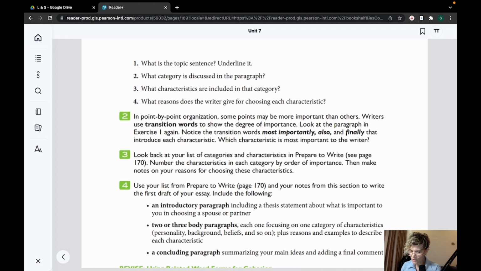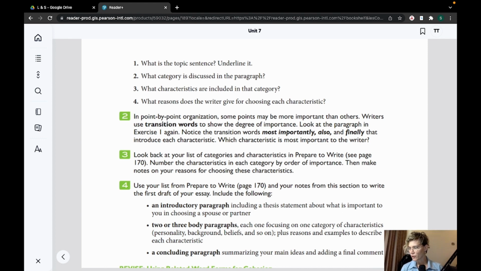So each paragraph will then describe one category or group of characteristics that are important in a spouse or partner. For instance, you can write about personality, background, education, and then you discuss the characteristics in each category one by one. So when you do point by point, you're more focused on the subtopics that you're using.